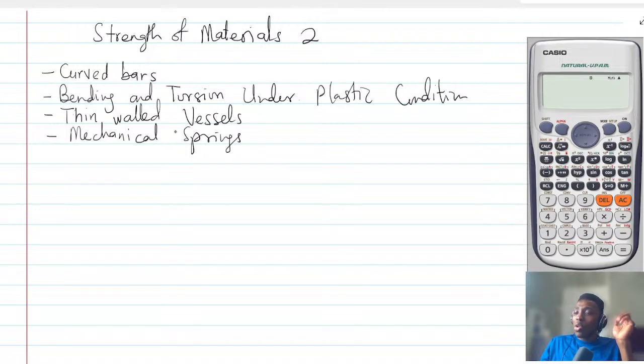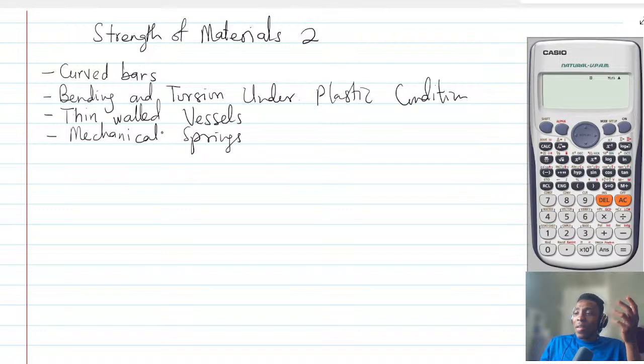And then you should also know how to solve for reactions at the support, the Macaulay's principle, and the various ways to do the deflection of the beams.